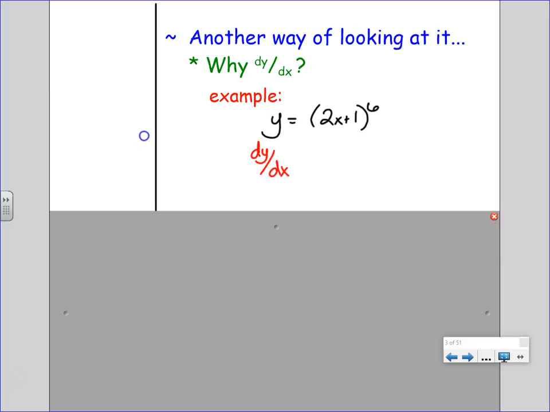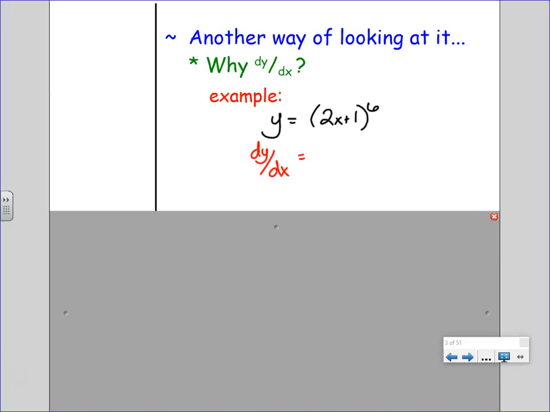To show we're deriving. It stands for the derivative, we've learned that. Why can't we just rewrite it? Why does the y just magically turn into a dy dx? Let's go to the other side. How do we derive 2x plus 1 to the 6th power?